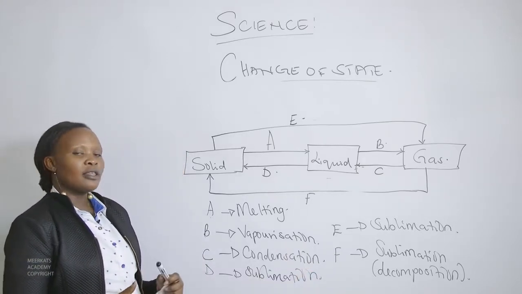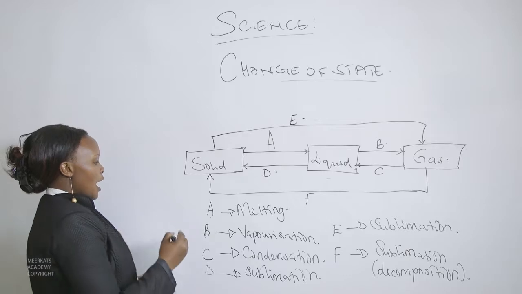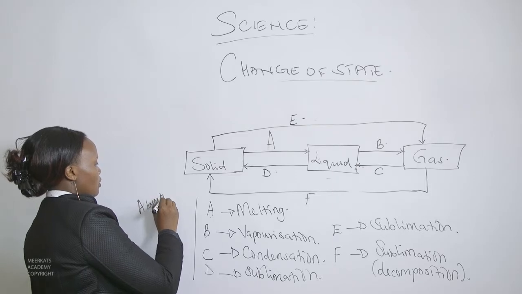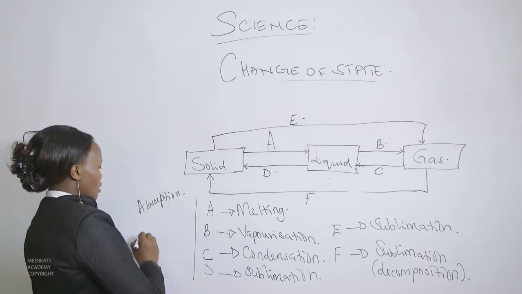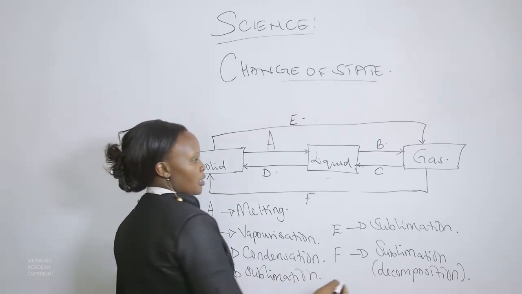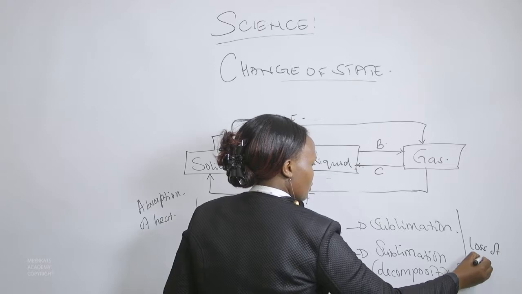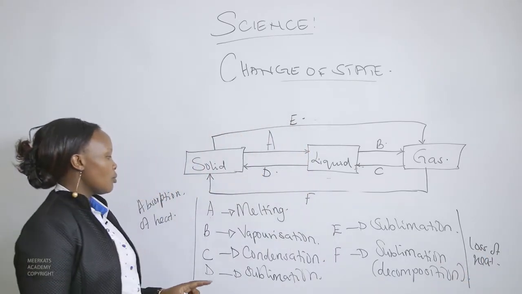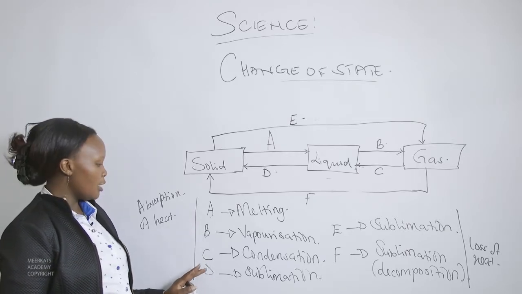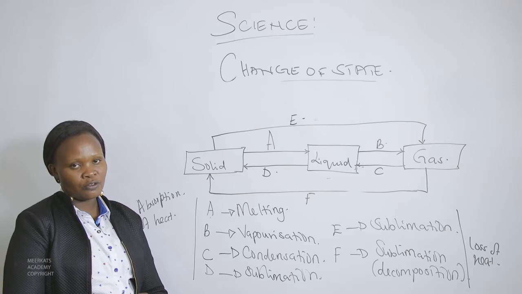Now, these four processes involve absorption of heat. These others involve loss of heat. That process A, B, C, and D involve change of state through absorption of heat.